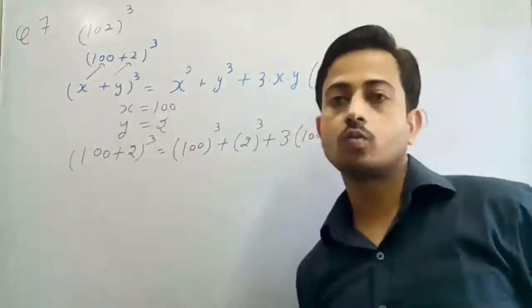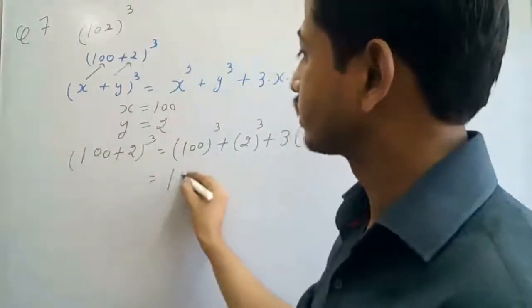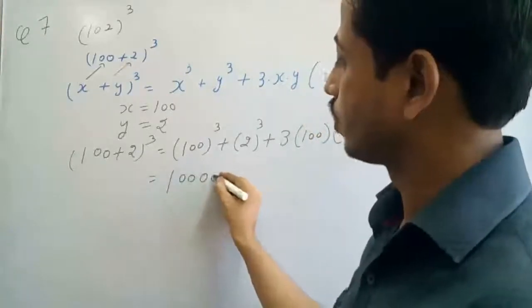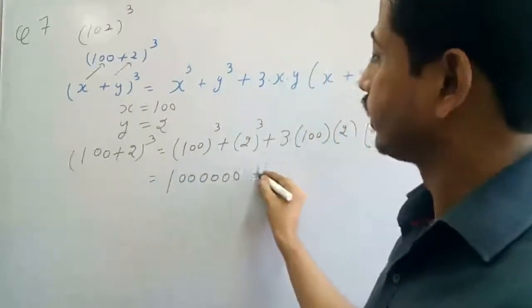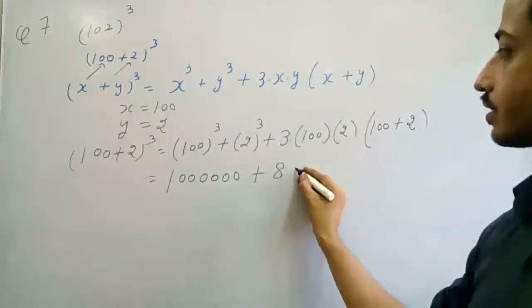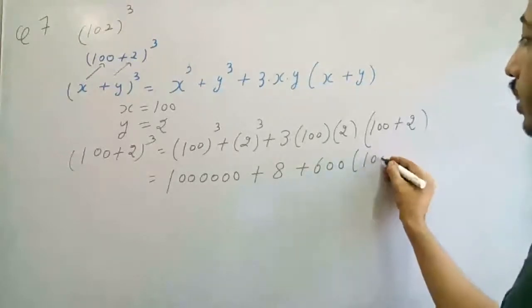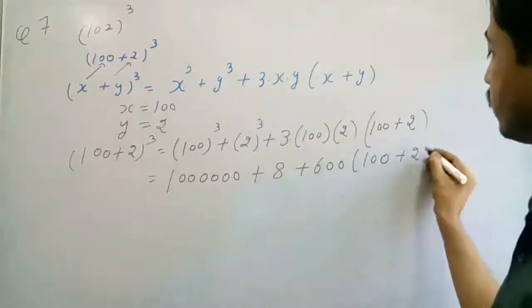Now 100 cube means 6 zeros. 2 into 2 into 2 we get 8. 3 into 2, 6. 6 into 100 we get 600 into 100 plus 2.